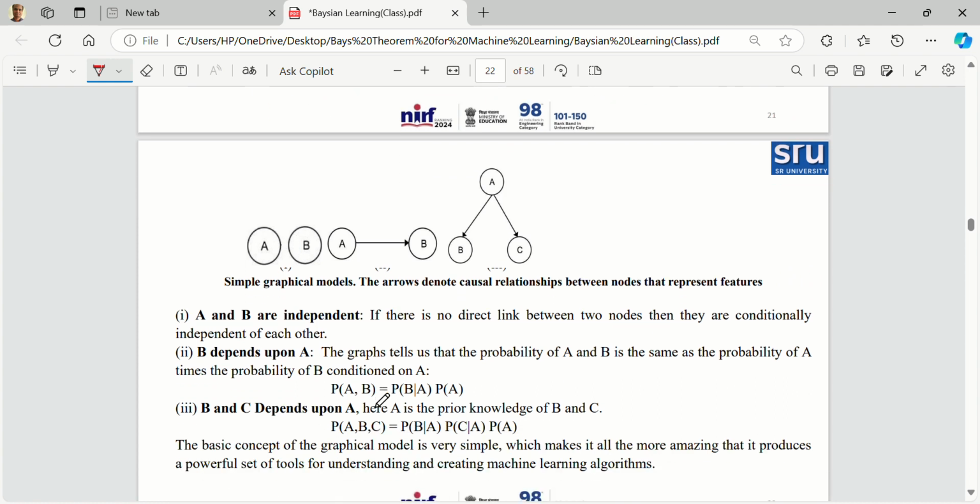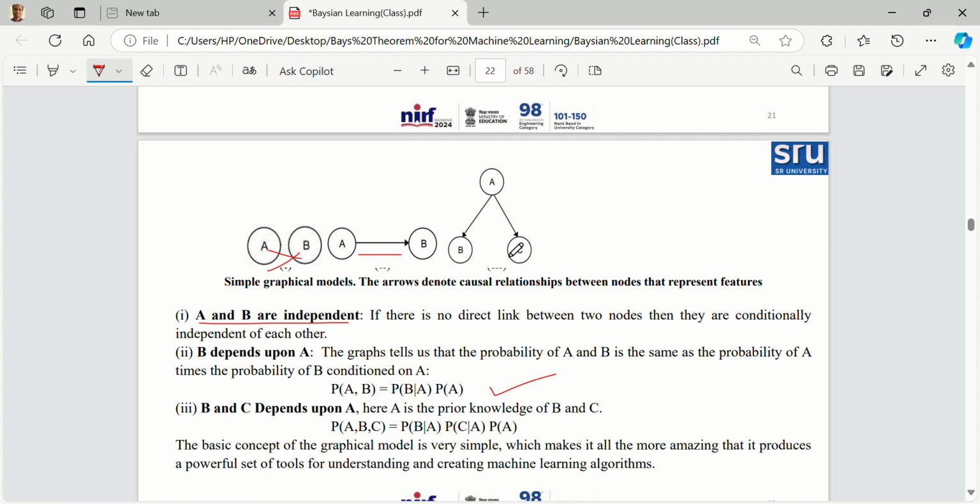Now consider these three different graphs. The first one is A and B, both are independent, there is no relation. Second one, A implies B, B depends on A. So A's information is required for B. So here you can write the probability of A, B is equal to probability of B given A into probability of A. In the third case, you have a different way.